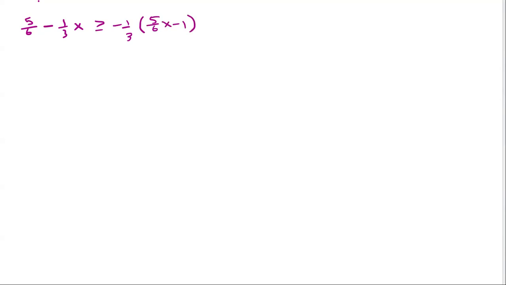And then this one is -5x greater than 4/5 times (10/3 x plus 10). Okay. So again, we have 5/6 minus 1/3 x greater than or equal to -1/3 times (5/6 x minus 1), and then this one is -5x is greater than 4/5 times (10/3 x plus 10).